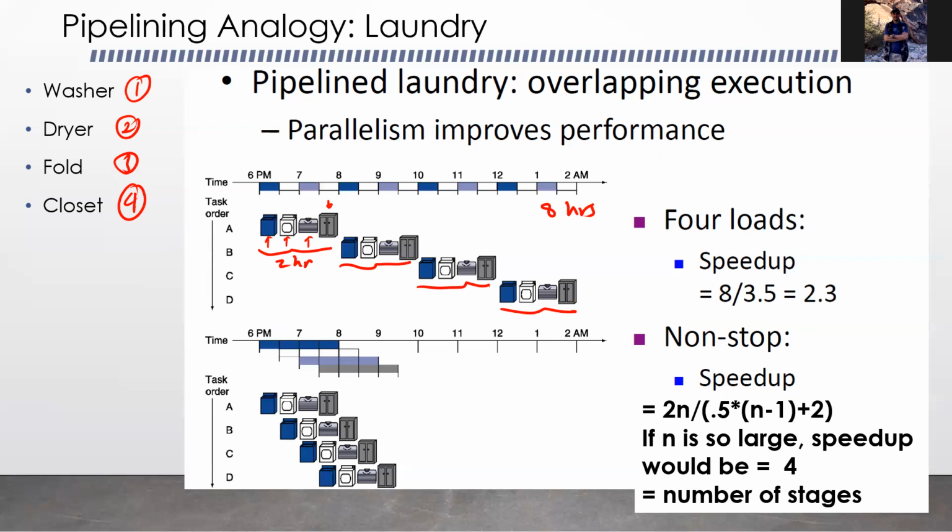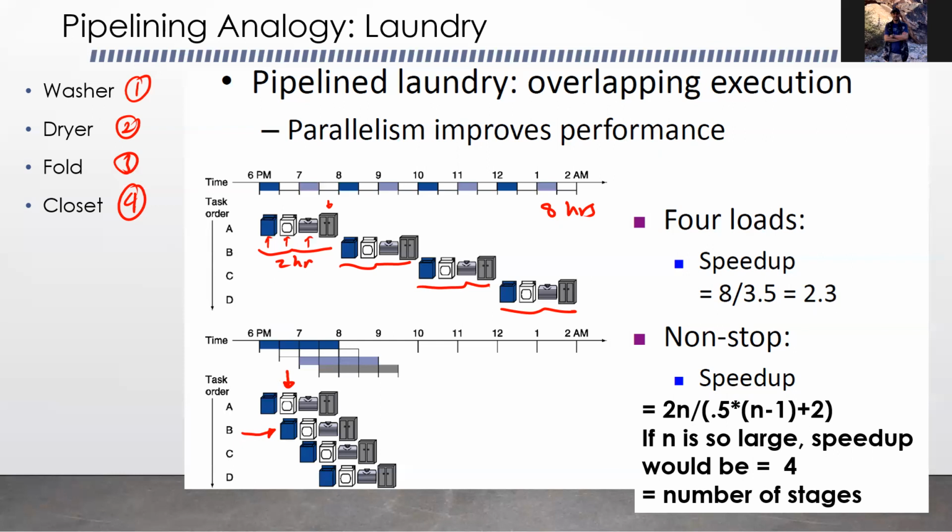But if we look here, once user A moves its clothes into the dryer, the washing machine becomes empty. So why not let user B use the washing machine while user A is using the dryer?